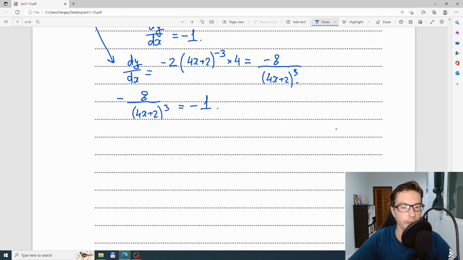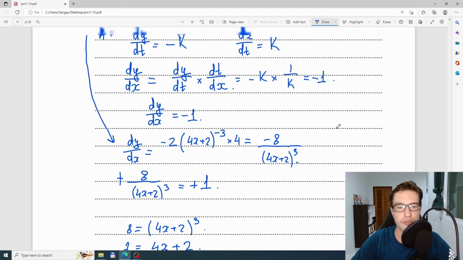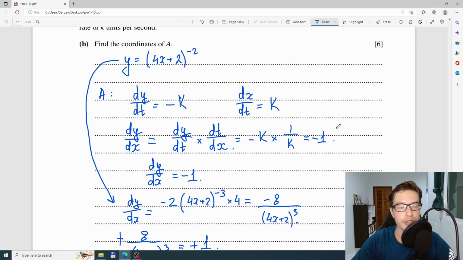Let's times everything by minus 1. We get plus and plus. Now times by the denominator, we get 8 equals (4x + 2) cubed. Take a cube root, and we get 2 equals 4x plus 2, or that gives us x equals 0. Okay, so now we have the x-coordinate of the point A, and all we have to do is to substitute this x-coordinate into y.